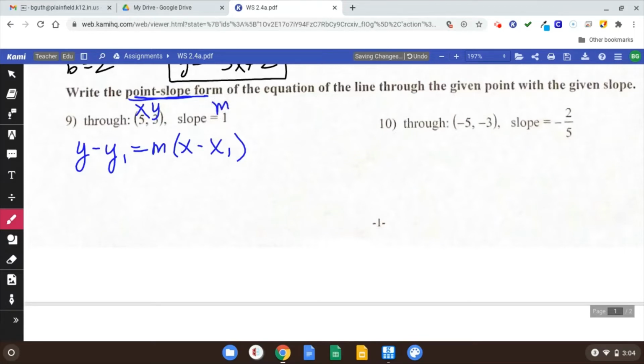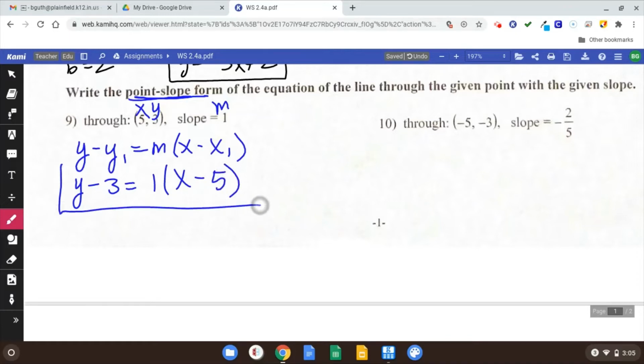So point slope form is useful and easy when we have a point and a slope. So all I have to do is say y minus my y number equals m, which is 1, times x minus my x number. Done. That's it. That's point slope form. We don't need to distribute or move anything around.